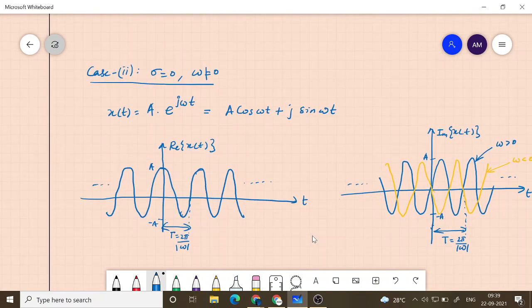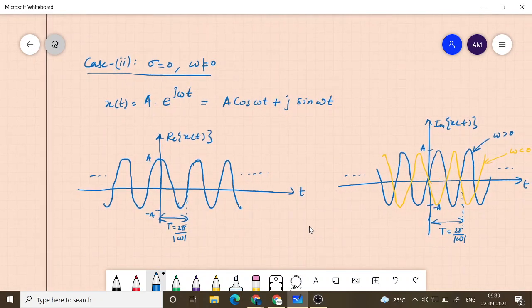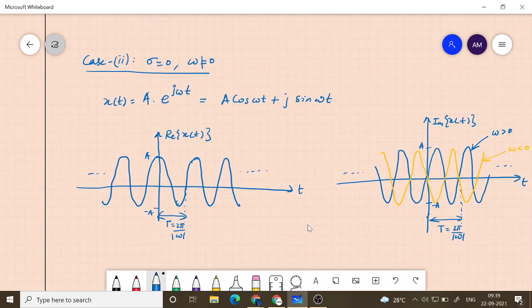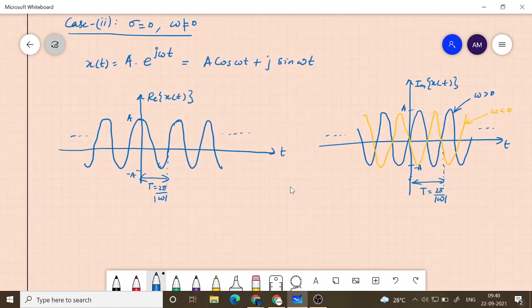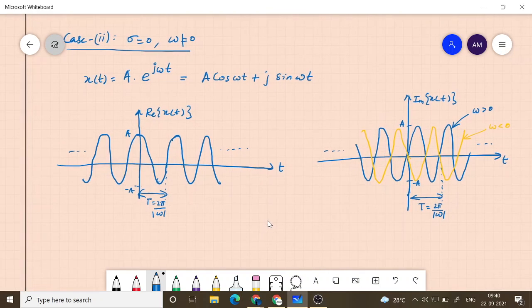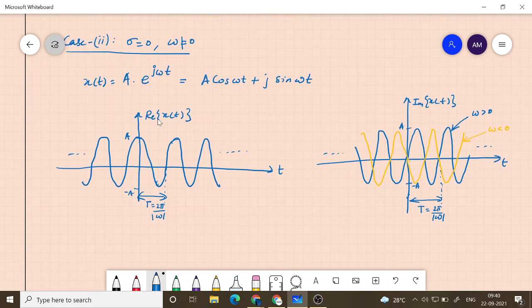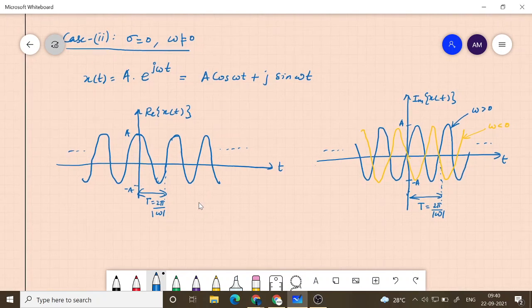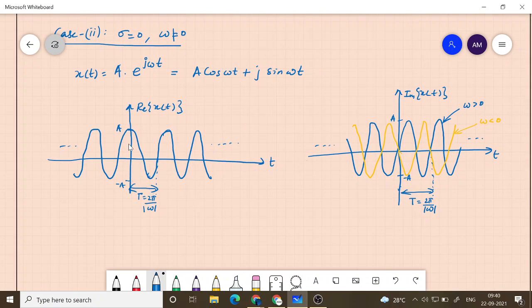For sigma equal to 0 case with omega fixed, it could be positive or negative, and as omega increases, what is going to happen? You have more rapid fluctuations because the time period will reduce. You will have more number of cycles per second.